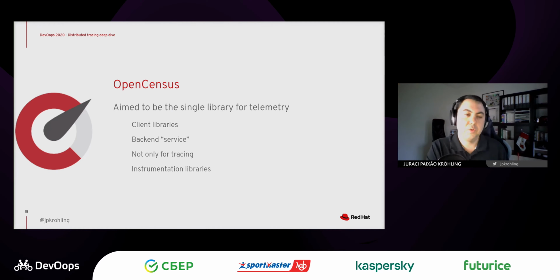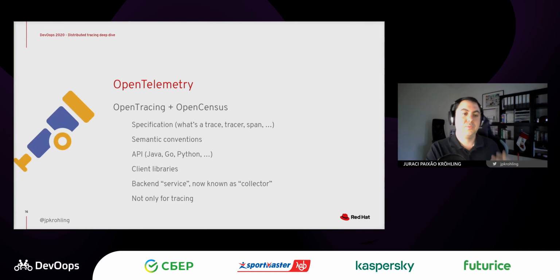So in some terms, they compete, and in some terms, they complement each other. And when the two projects got together, they decided to unite and form a new project called OpenTelemetry. So OpenTelemetry today is a big project. It's the second most active project under the CNCF. CNCF here is the Cloud Native Computing Foundation.